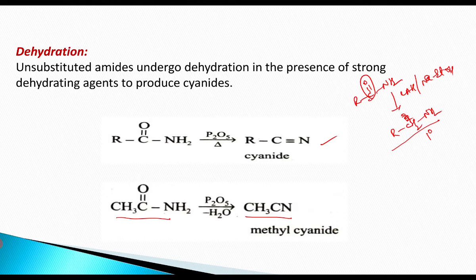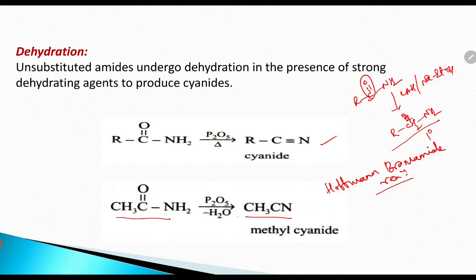And amides also undergo a very important reaction which we study under the heading amines, that is the Hofmann bromamide reaction. We study this reaction in the preparation of amines.